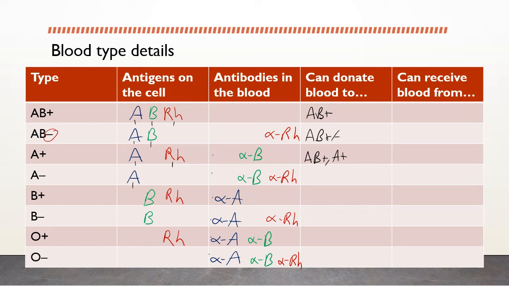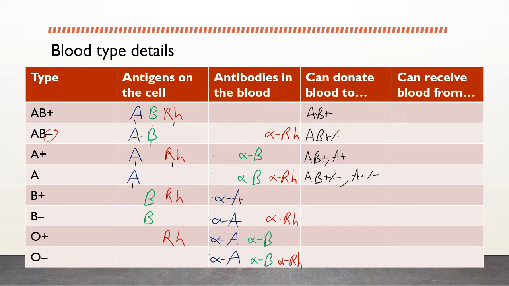A patient who's A negative can give blood to anybody who doesn't have anti-A antibodies, so that's AB plus or minus and A plus or minus. Those are the people who don't have anti-A antibodies.